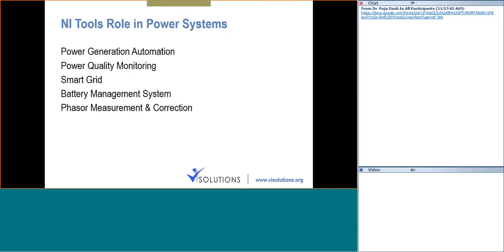So possibly some NI tools could be used. It is being used. And during transmission you have power quality monitoring, to implement the smart grid, to schedule the power transmission. Those are things where you can potentially use NI tools, and to implement a battery management system.